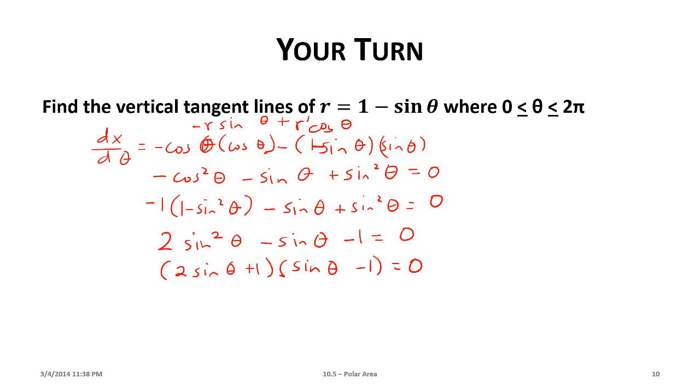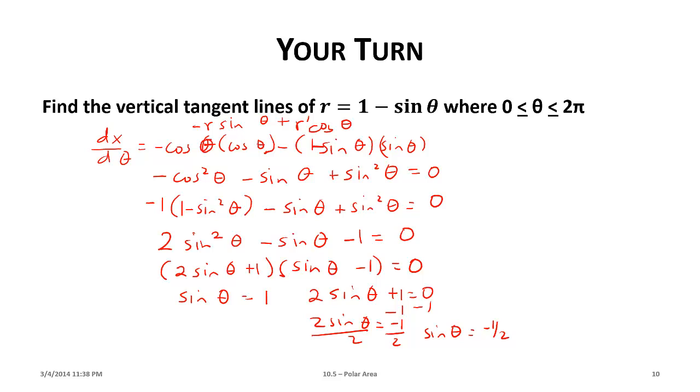So sine theta equals, let's see, say sine theta equals 1. And you get 2 sine theta plus 1 equals 0. Subtract 1 on both sides. 2 sine theta equals -1, divided by 2. So sine theta equals -1/2.